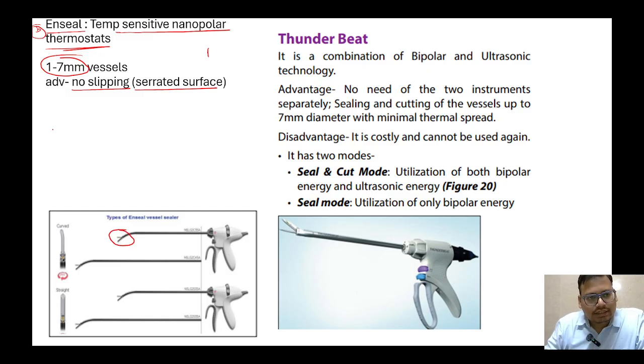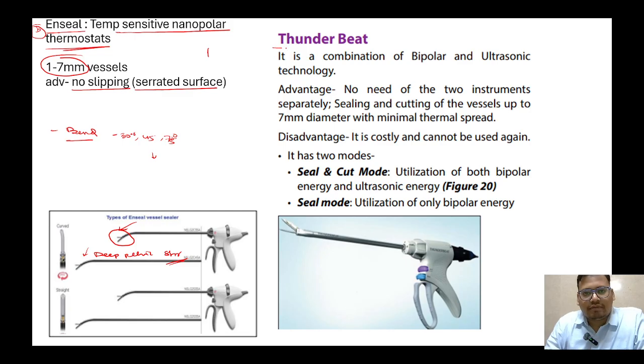Important point of the NSIL is it can bend: up to 30 degrees, 45 degree, 70 degree, 75 degree. Depending upon our requirement, the instrument can bend. So we can utilize it in deep pelvic structures, because of this bending nature.